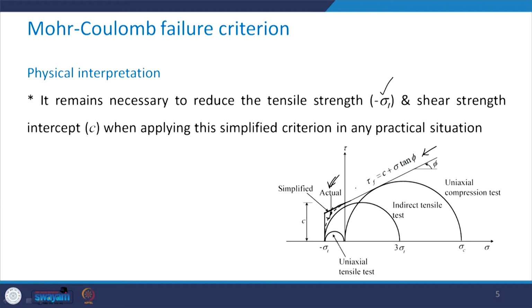If you take a look, the shear strength characteristic by this simplified version will always be higher than the actual one, and therefore, when we use it for any practical situation, we need to reduce the tensile strength and the shear strength intercept, which is C.